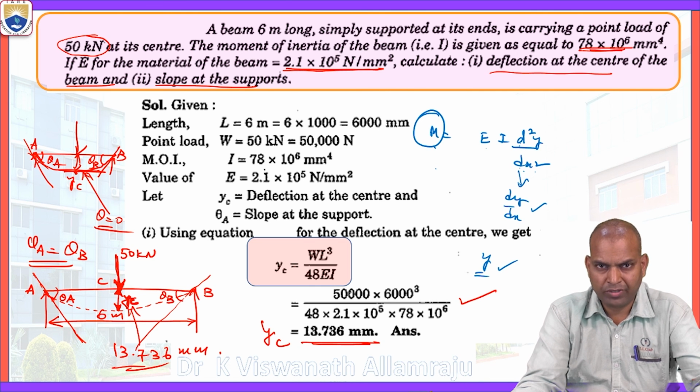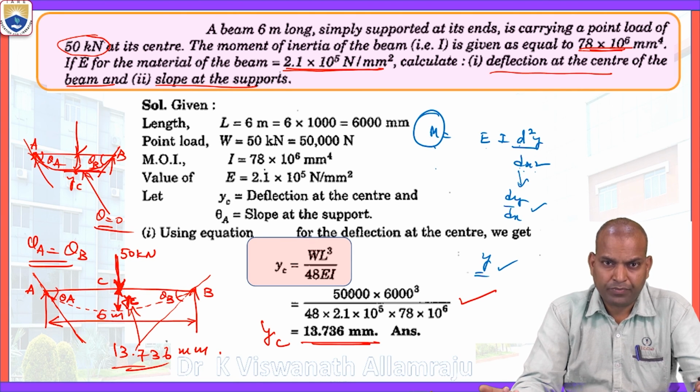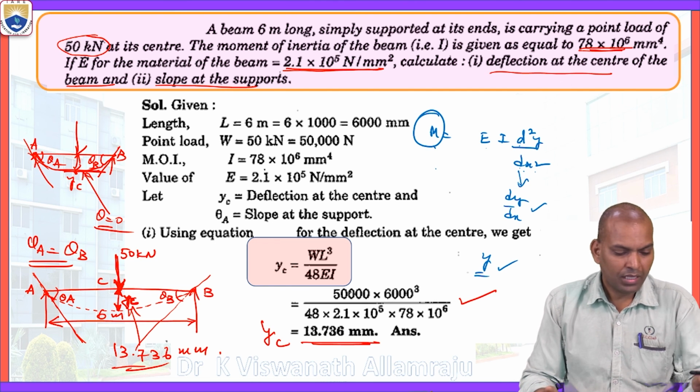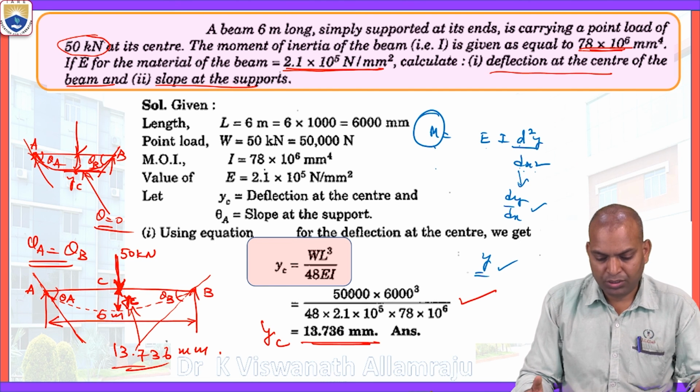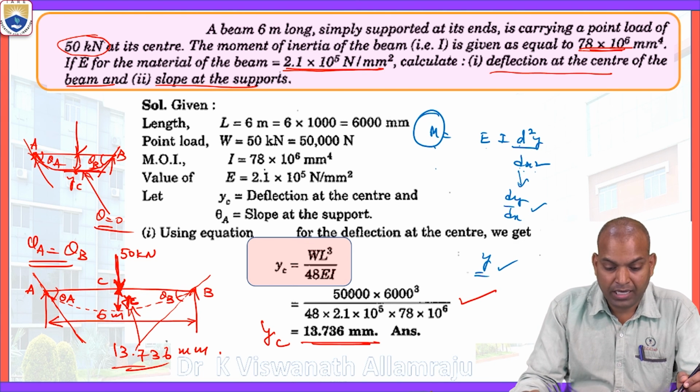If you integrate the moment equation twice, the first integration gives the slope value, and integrating the slope equation again gives the deflection.